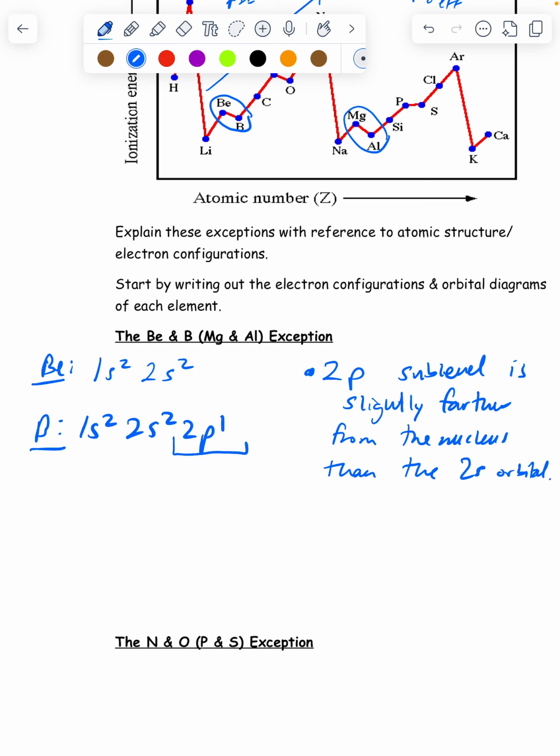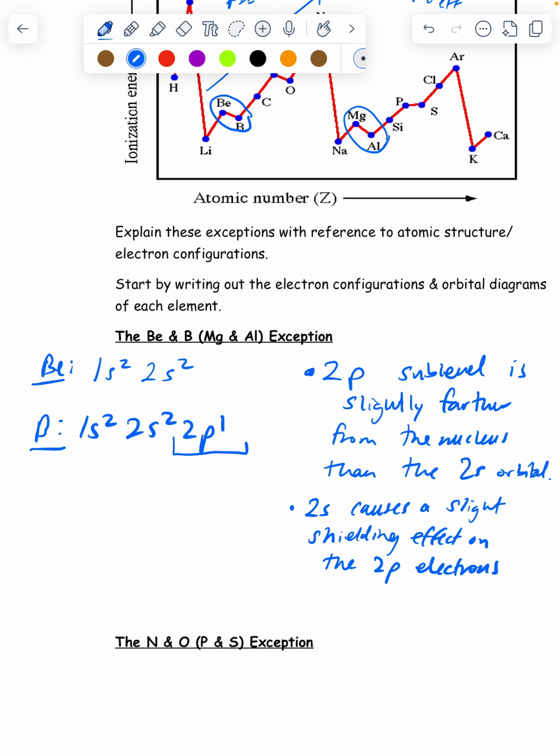Along those same lines, if you wanted to go a different direction, you could also say that therefore the 2s causes a slight shielding effect on the 2p electrons.